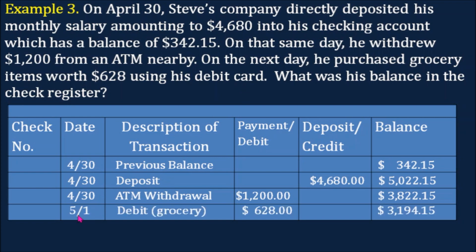So the date is May the 1st. So the transaction is grocery. It's a debit. So we enter the amount $628 on the debit or payment column. Then this amount will be subtracted from the previous balance, $3,822.15. Now, the balance here is $3,194.15.